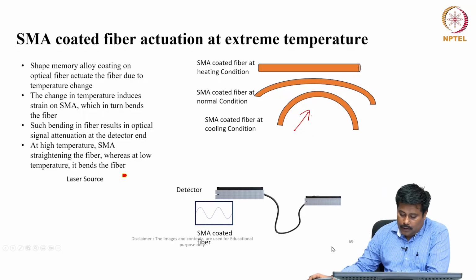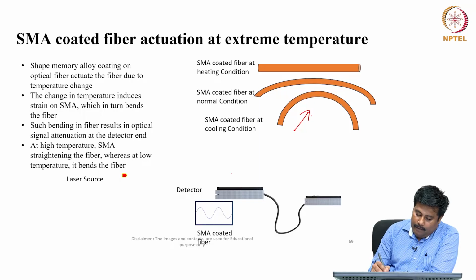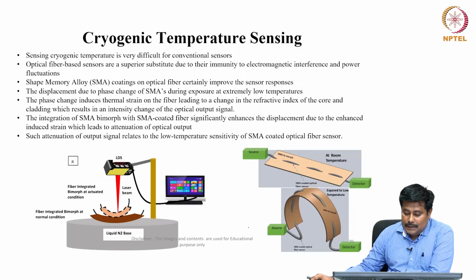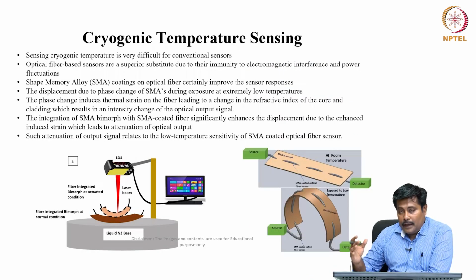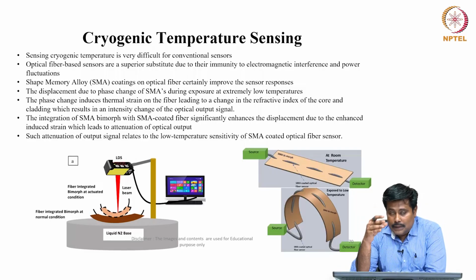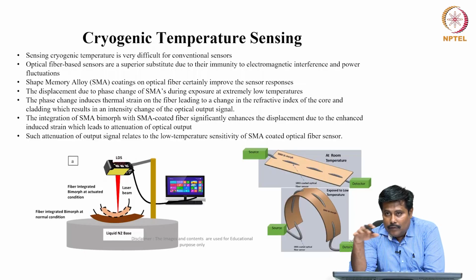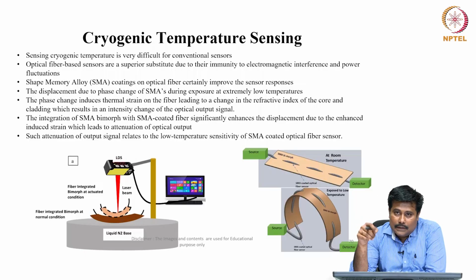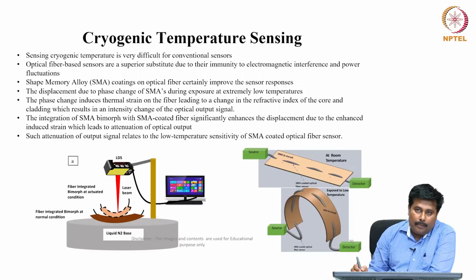The overall construction looks something like this, where we have a laser source and a detector, and this is an SMA coated fiber. By changing its characteristics appropriately, we can monitor the behavior. In fact, this is a cryogenic sensing which has been deployed. In this cryogenic sensing, we have an SMA biomorph, in which the SMA coated optical fibers are integrated appropriately.